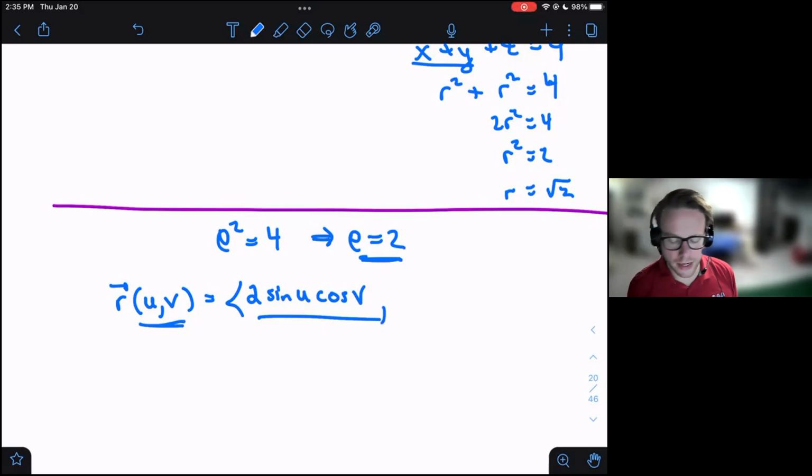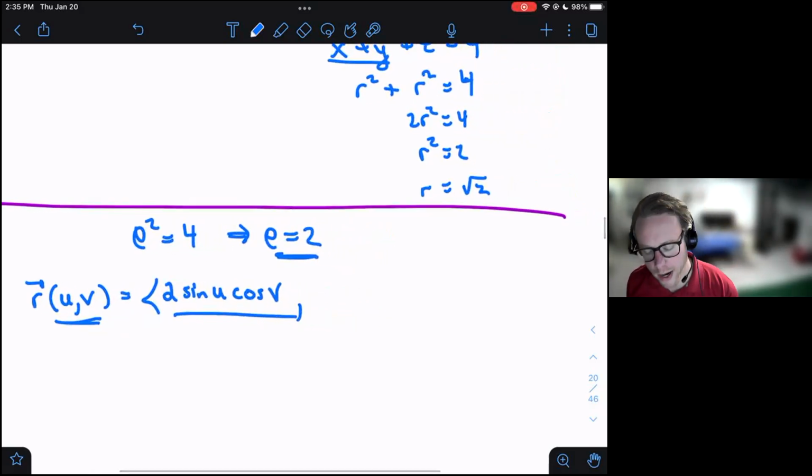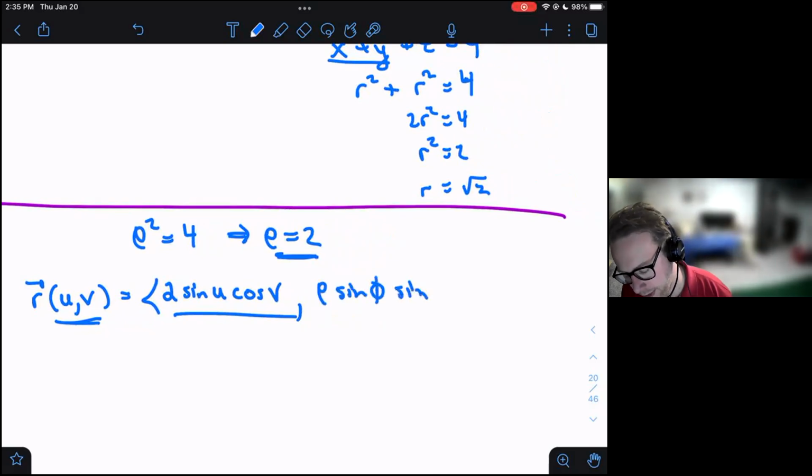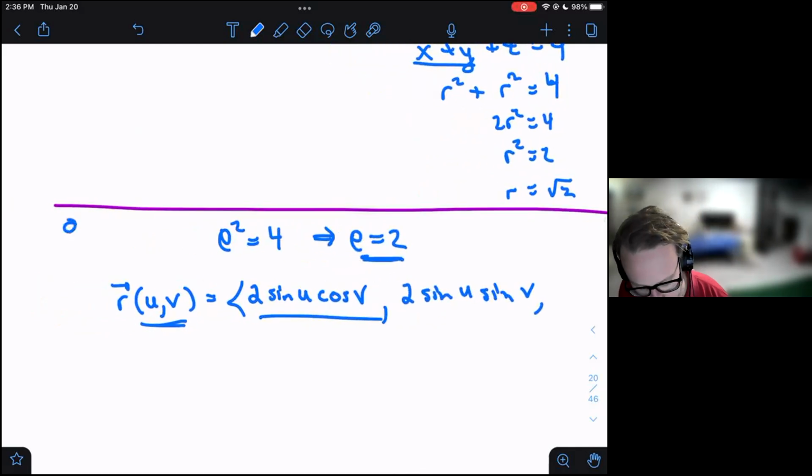Next up, for y, this would normally be rho sine phi sine theta. Again, rho is going to be 2, phi is going to be u, and theta is going to be v. Let me put that up here so I have in mind what we're doing: phi is u, theta is v.